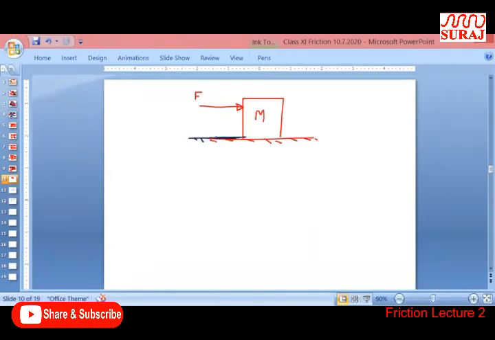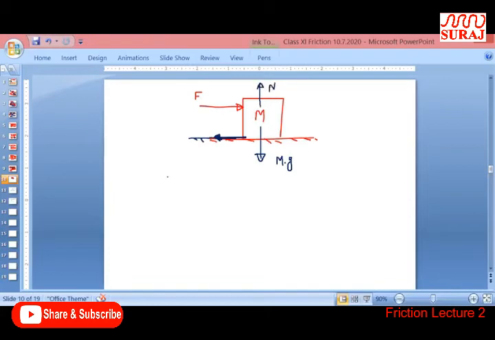A friction force exists in the direction opposite to this applied force on the block, and mg of this block will be here, and the normal force.